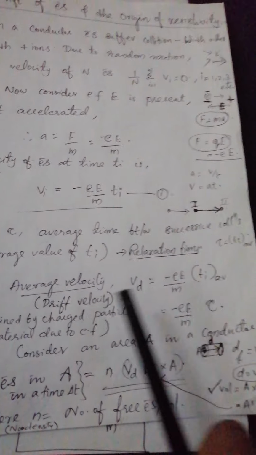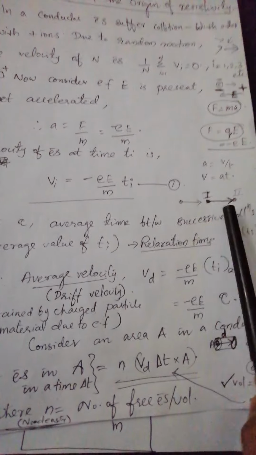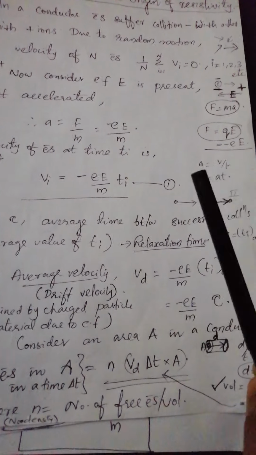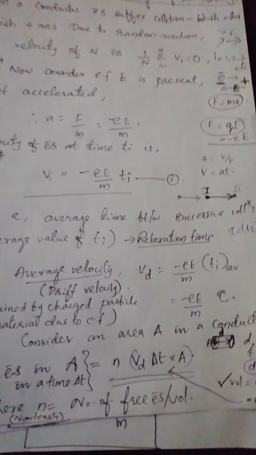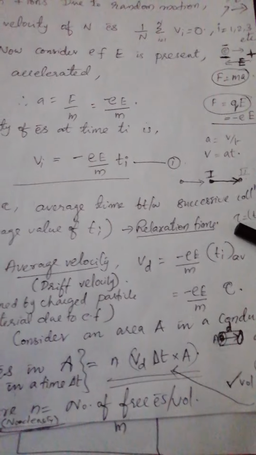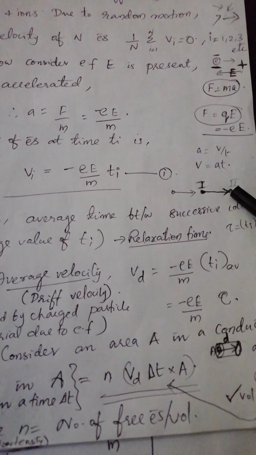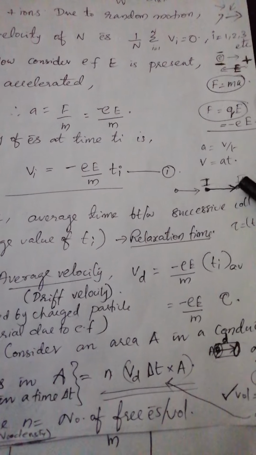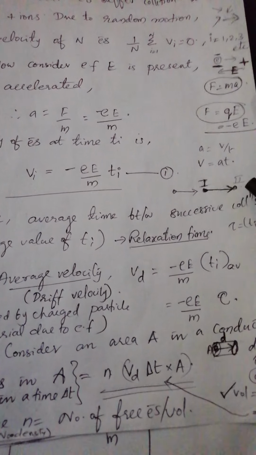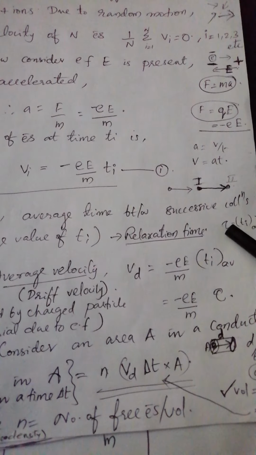Now we can find out the average time between successive collisions. Let us take it as tau, the average time an electron undergoes between successive collisions.